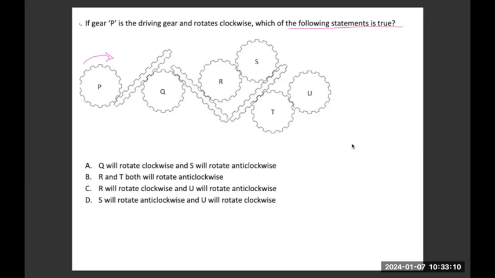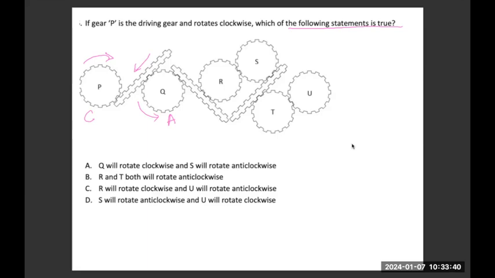In your diary or notepad, start working. If P is rotating clockwise, it will move in this direction, which means Q will rotate anti-clockwise. So I'll write C for clockwise and A here. P is clockwise, so Q will be anti-clockwise.